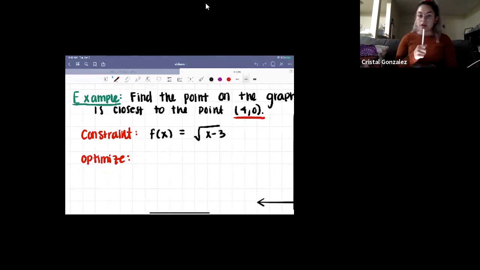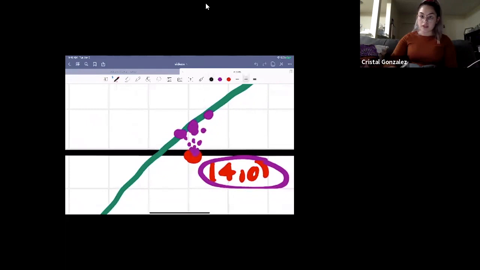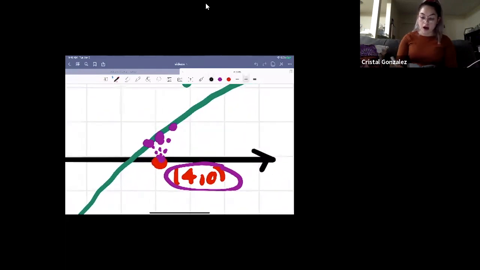Now, we need to optimize the distance between this point and a point on the graph somewhere here. I know it's going to live somewhere right here. That's what we're looking to optimize. So we're minimizing the distance.